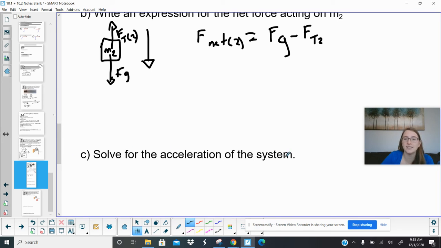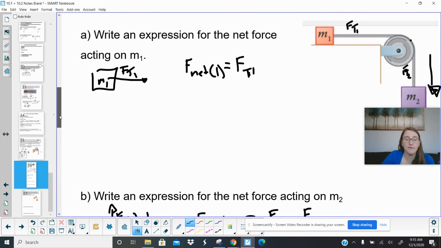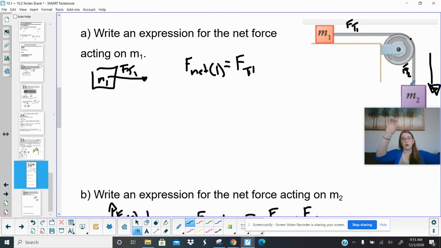We want to solve for the acceleration of the system. Remember, this is kind of funky. These blocks are going to accelerate at the same rate. It's just that these forces will be different because even though they have the same accelerations, their masses are different, which will result in a different force.